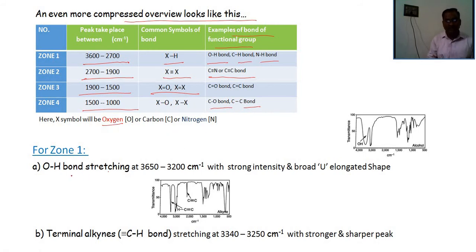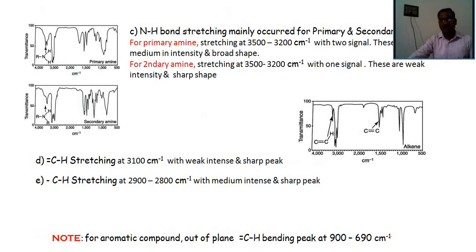In zone 1, OH stretching is at 3650 to 3200 per centimeter with strong intensity and a broad, U-elongated shape. For terminal alkynes, the CH bond stretching is at 3400 to 3250 per centimeter with a stronger, sharper peak.